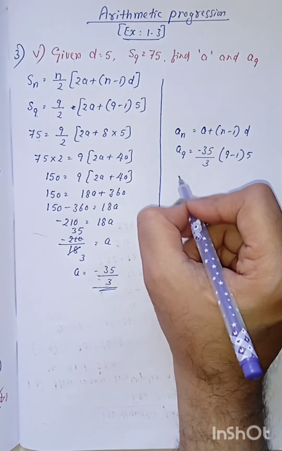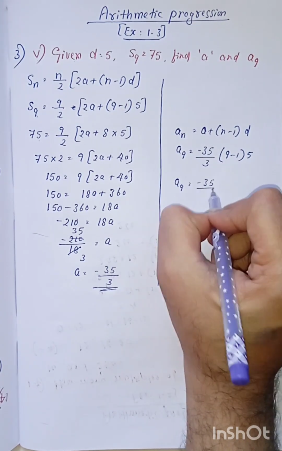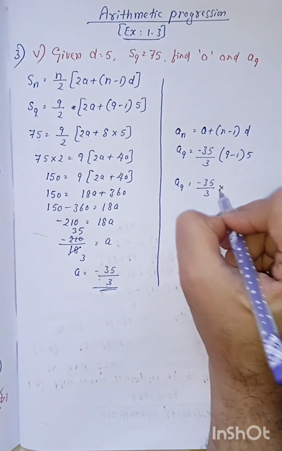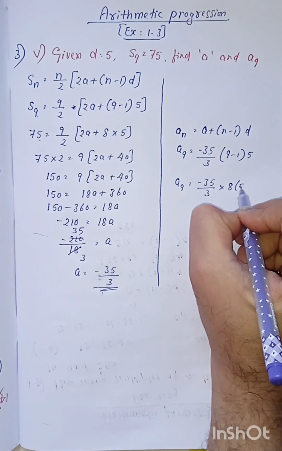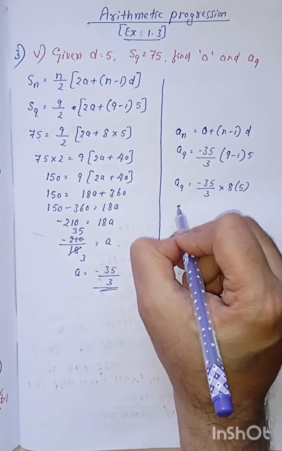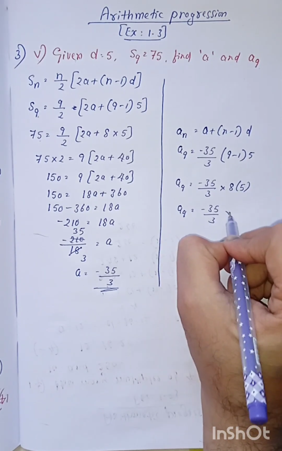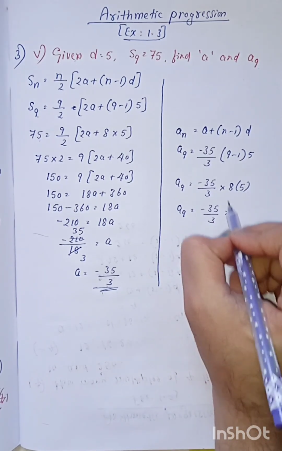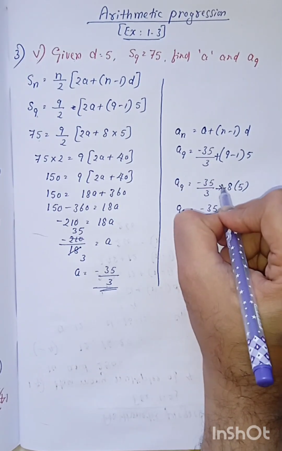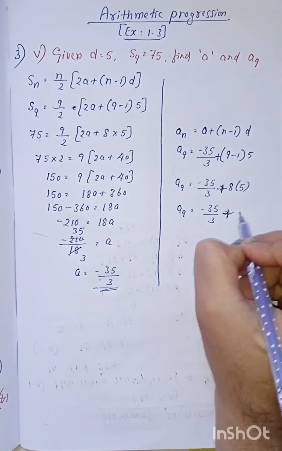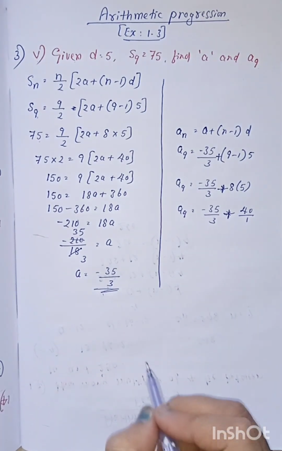In the next step we can do a9 equals minus 35 by 3 as it is plus 9 minus 1, that is 8 into 5. Next a9 equals minus 35 by 3 plus 8 into 5. So put plus here, it is also plus. 8 into 5 is 40 by 1, we can take 40 by 1.